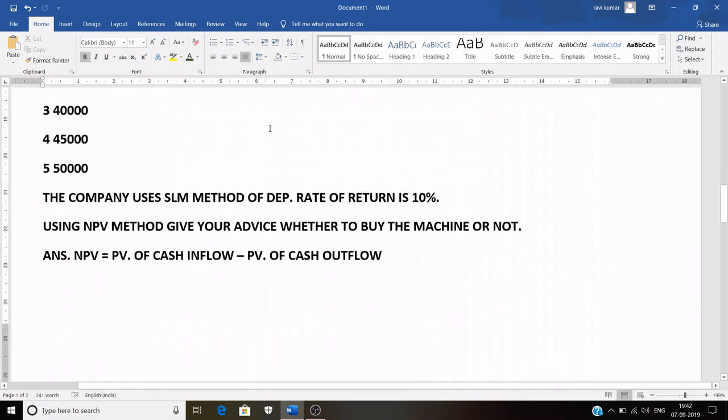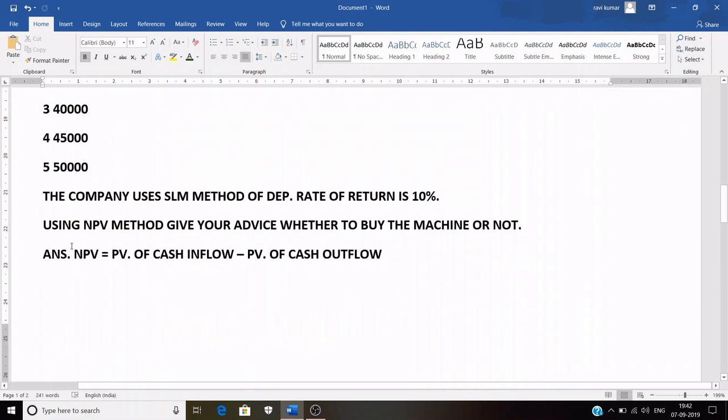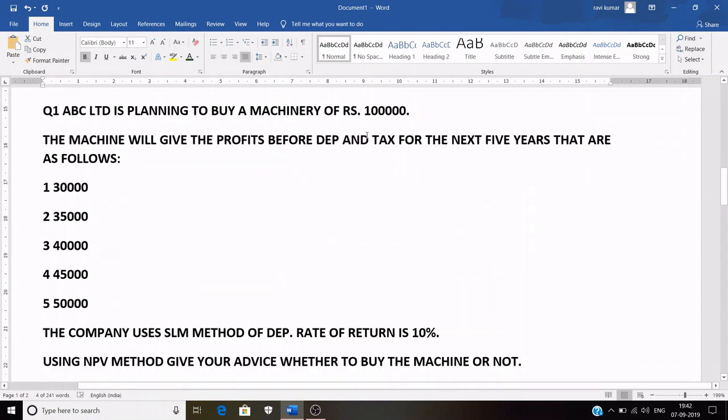Now, we know the formula for calculation of NPV is present value of cash inflow minus present value of cash outflow. So let's find out first of all present value of cash outflow. That is so simple because present value of cash outflow is always equal to the cost of our machinery or cost of our project, because this amount we are expending at the beginning of year.